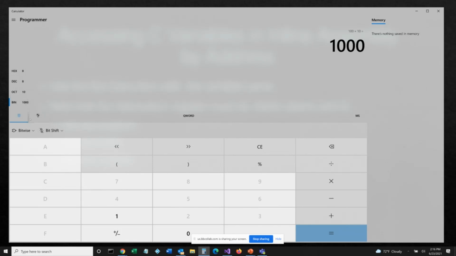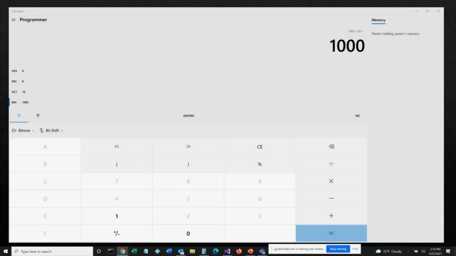Another handy thing is this button here. There is a bit toggling keyboard, which is useful if you want to play around with individual bytes. And the Q word is an indication of the number of bits and bytes that we've created.